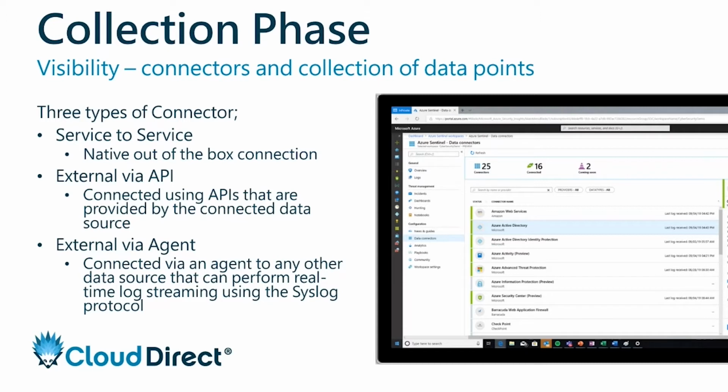And then the third option is via an agent. And that agent can either be directly onto a virtual appliance, and it's actually using the Azure Log Analytics agent for that, or you can have a separate syslog forwarder virtual machine with an agent on, and then you can point your appliance to that forwarder, which will then relay that data into Sentinel.